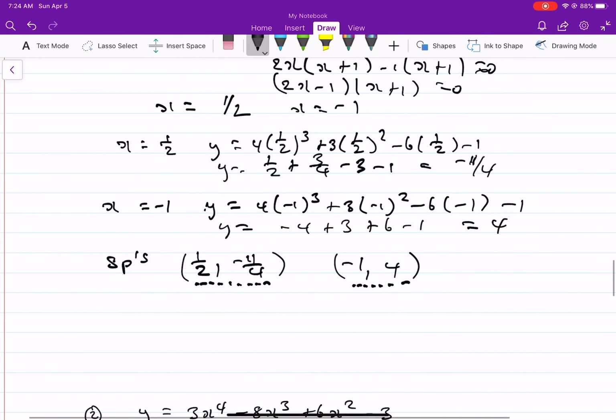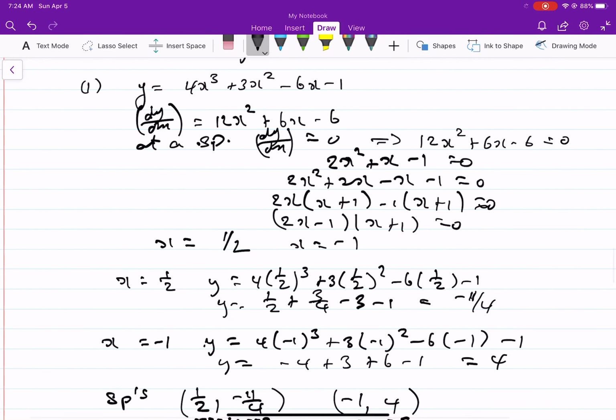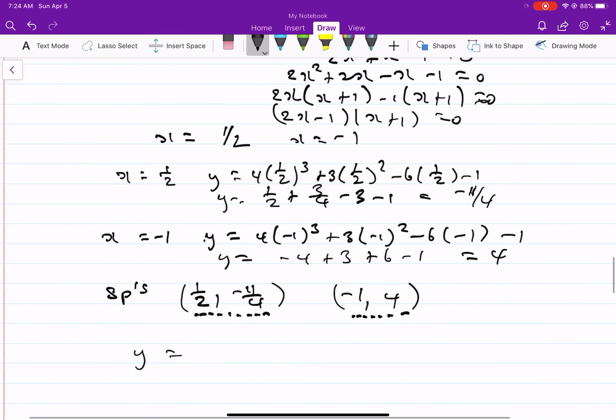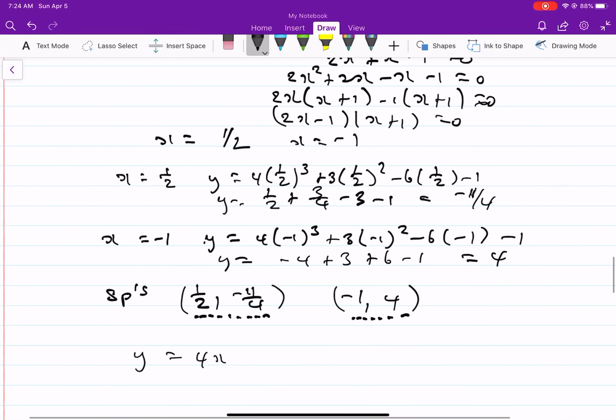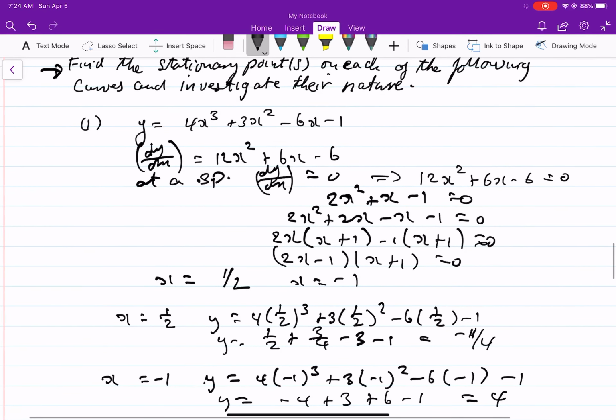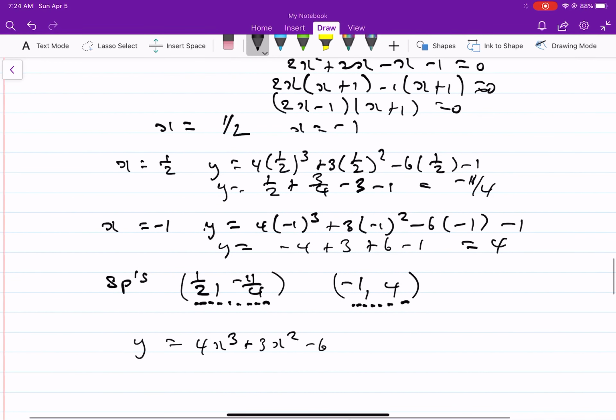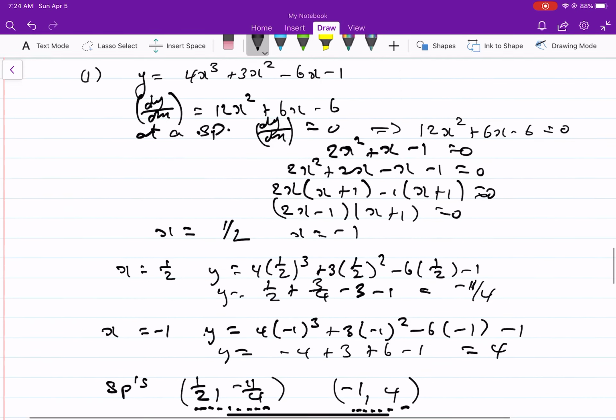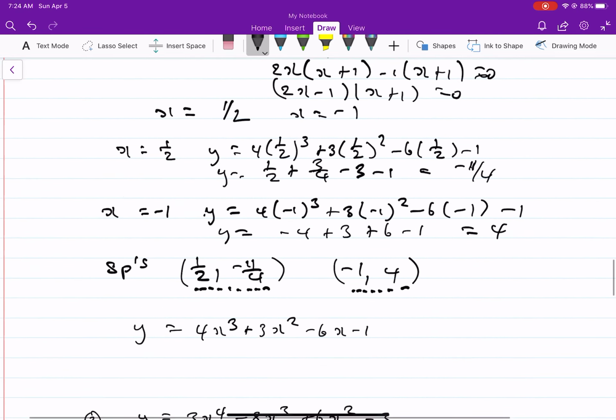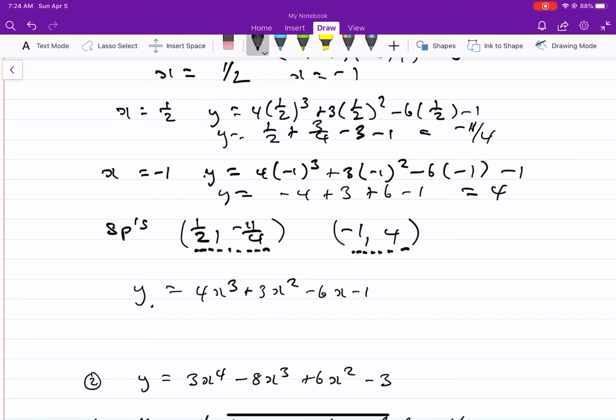Let me write back. y was 4x cubed plus 3x squared minus 6x minus 1. dy/dx, the first derivative, was 12x squared plus 6x minus 6.